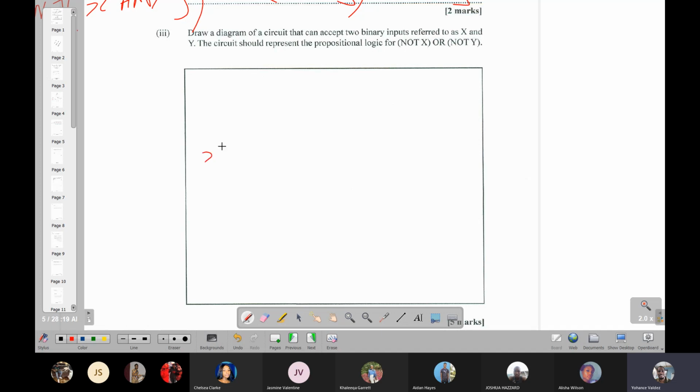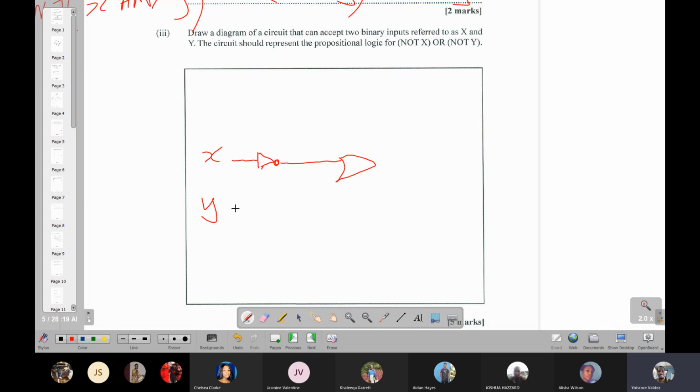You start off with X, you start off with Y. Now they want us to invert the value of X and Y before passing it into the OR gate. So our OR gate looks like this, and we will take the value of X and invert it and pass it into the OR gate.